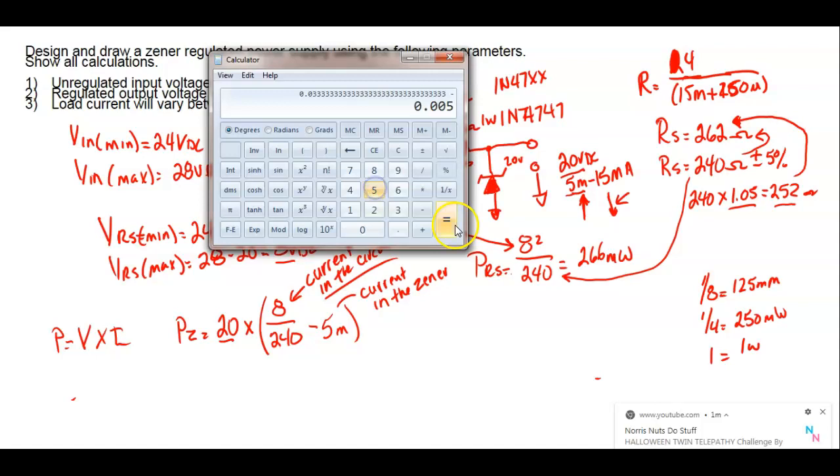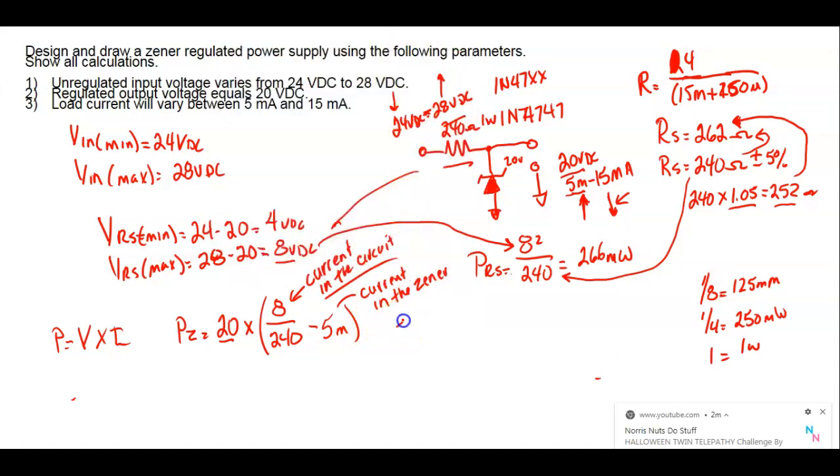Yeah, thank you. Gives me that, right? Then times what? 20. So that's 567 milliwatts. So a 1N4747 will work fine because it's rated at 1 watt.